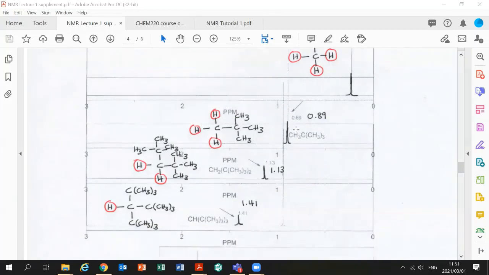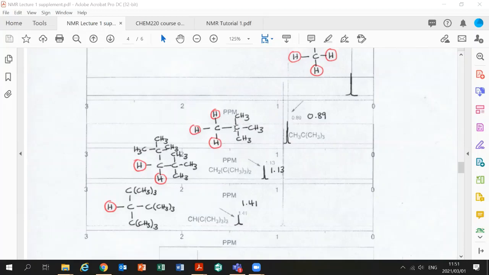So let's look at the next one. I'm taking one of the hydrogen atoms out and I'll replace it with this trimethyl carbon that you have here. What you notice now is that this carbon is more electronegative than hydrogen.